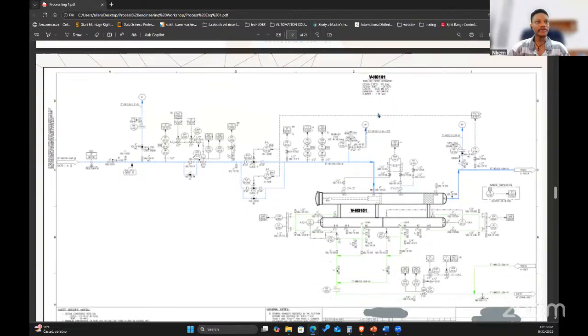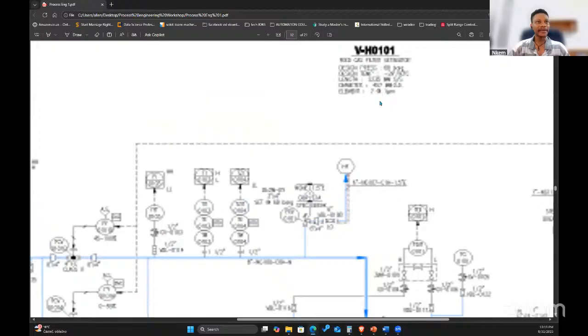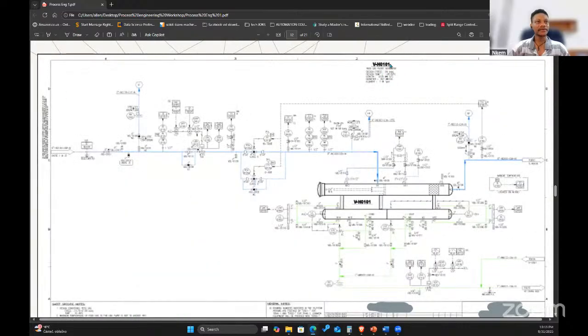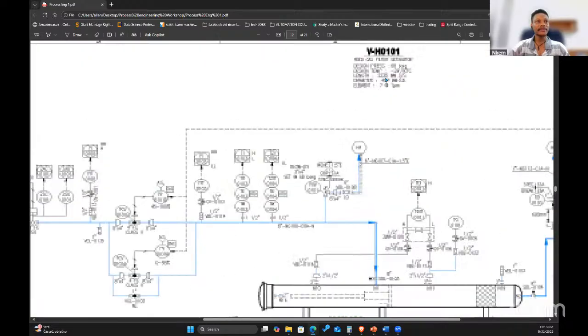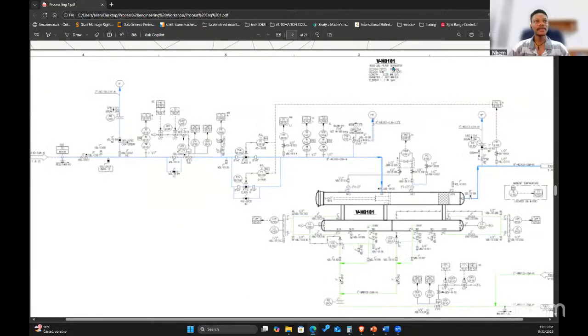This is what I was talking about before, but it's not very clear. Here you have the operating pressure, operating conditions. It's not very clear because the document was not properly scanned. So this is where you have this information: maximum operating pressure, maximum operating temperature, the material of the vessel, and all of that. And the notation of the vessel will always be at the top.